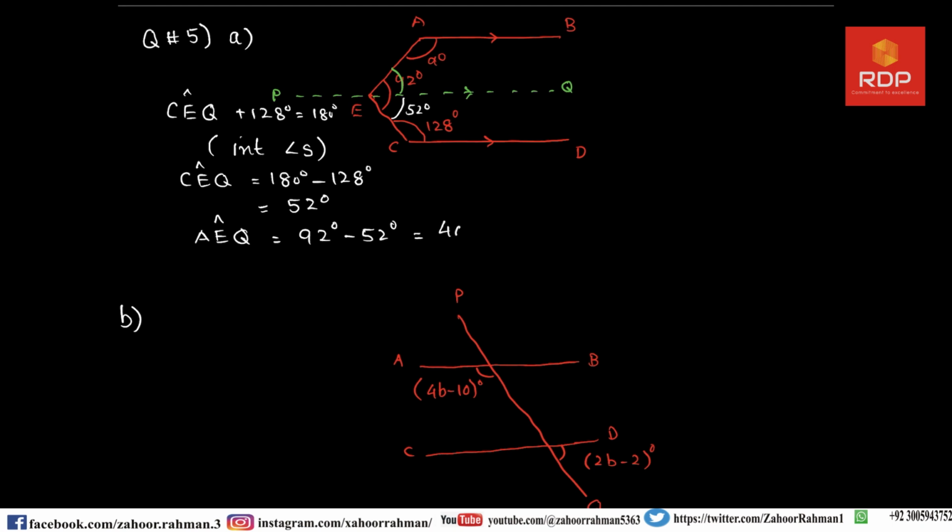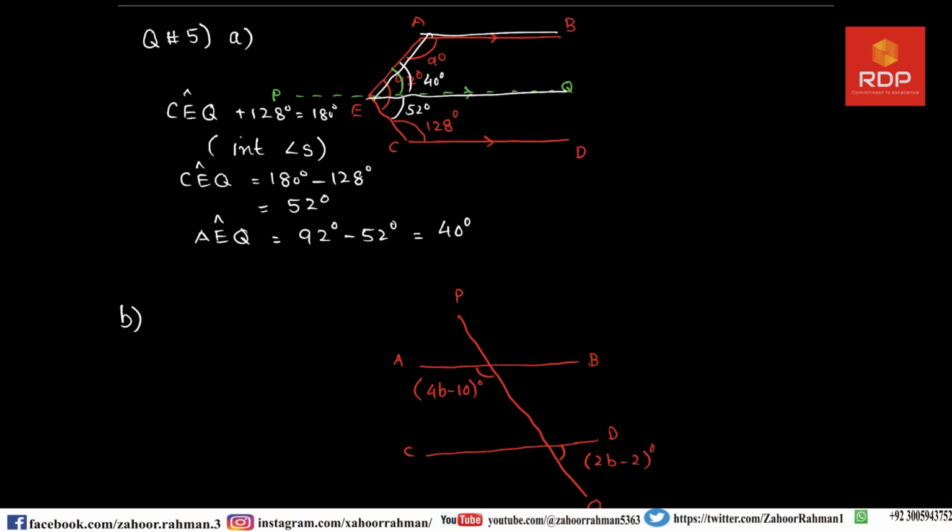Yes, now we found this area to be 40 degrees. So now it is easy to utilize the concept of interior angles by this portion, and as a result we will get the value of A.